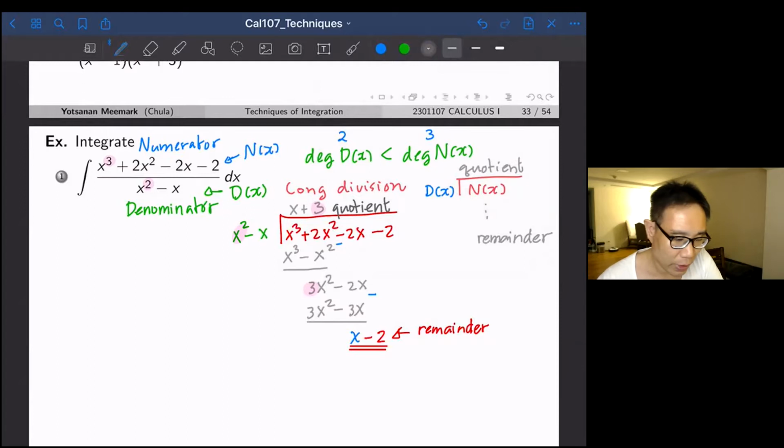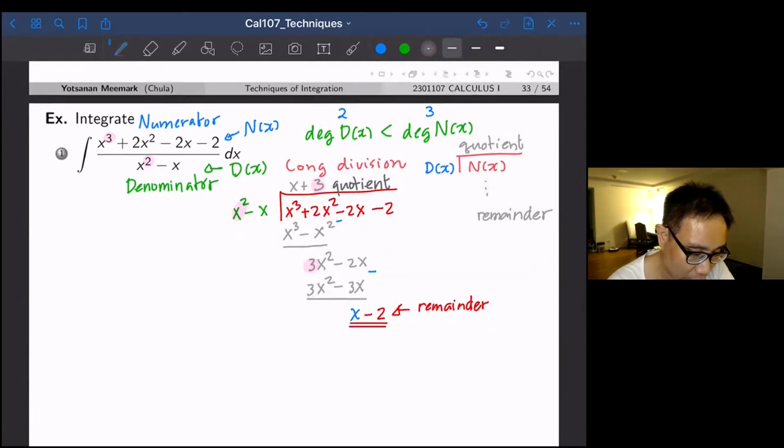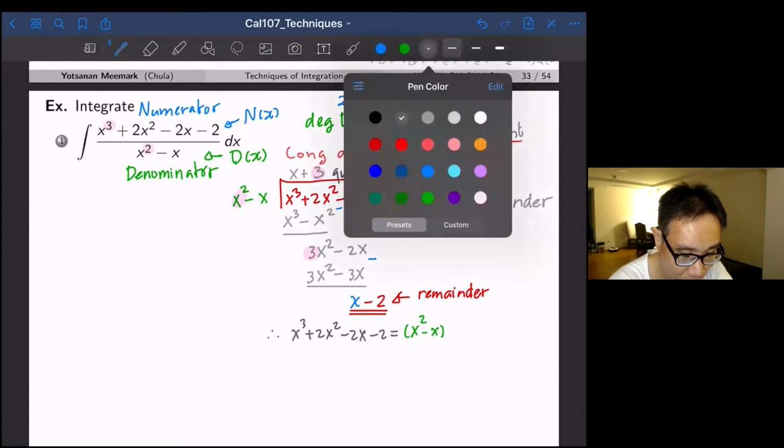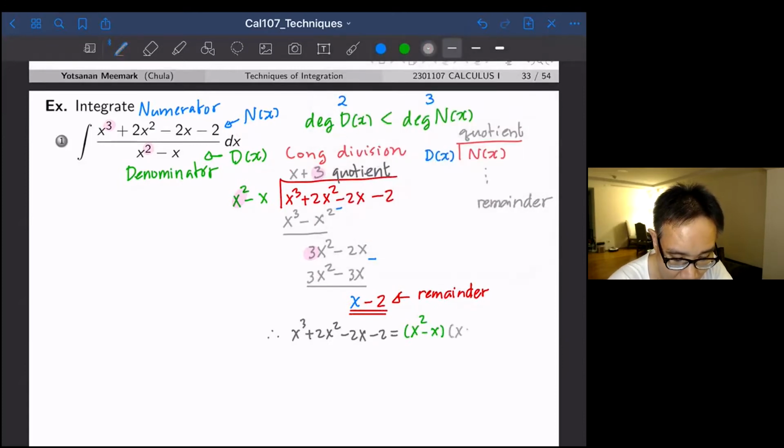How could we write this quotient and remainder in terms of a fraction? What does it mean to have the quotient and remainder this way? It means that x cubed plus 2x squared minus 2x minus 2 is equal to x squared minus x multiplied by x plus 3, plus the remainder x minus 2.